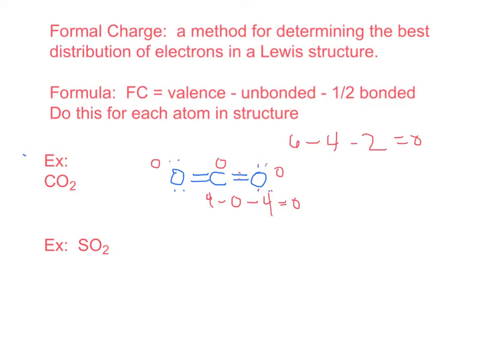Alright, now let's try sulfur dioxide. Sulfur is our central atom, oxygen on either side. Okay, and in this case, sulfur has 6 valence electrons. Each oxygen has 6. So that means we have 18 electrons to work with. So in sulfur dioxide, we're going to start by putting a pair of electrons between sulfur and each oxygen.